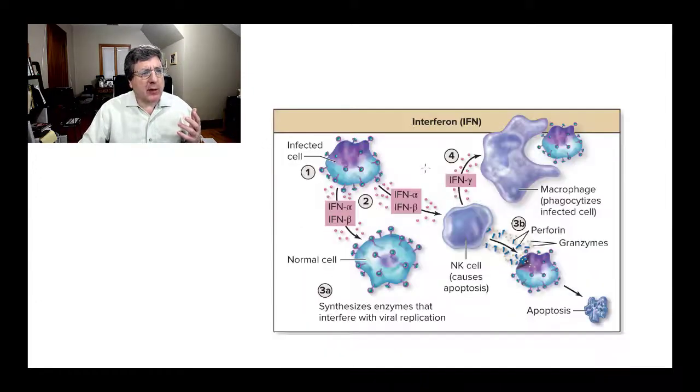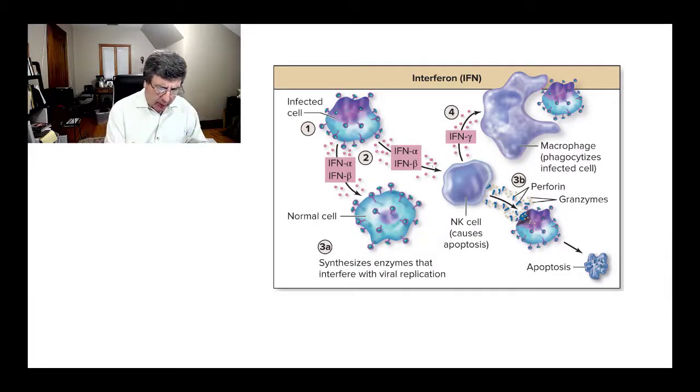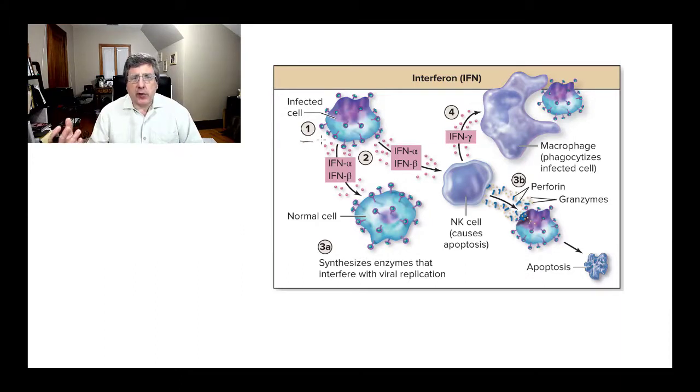Let's look at this picture here briefly and figure out what we're starting with. Here on number one, we have an infected cell. So a cell has a virus in it, and once that virus gets into the cell and starts replicating, say goodnight, Gracie, because that cell's not going to live.